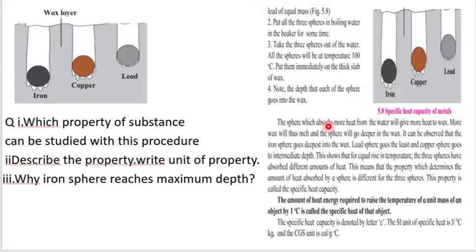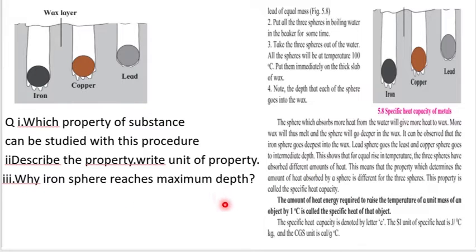The sphere which absorbs more heat from the water will give more heat to the wax and more wax is melted, and thus the sphere will go deeper in the wax. Here we observe that the iron sphere goes deepest in the wax.